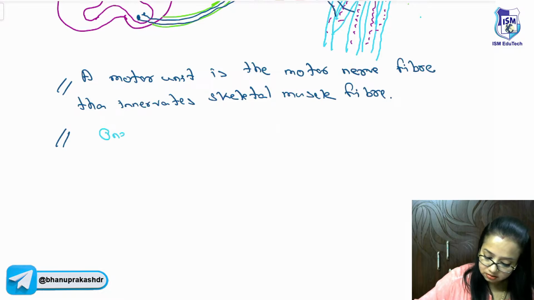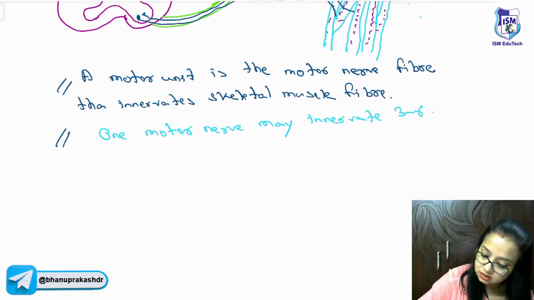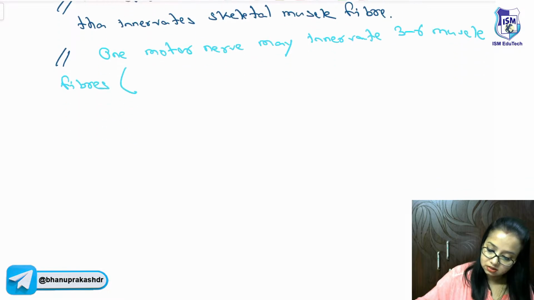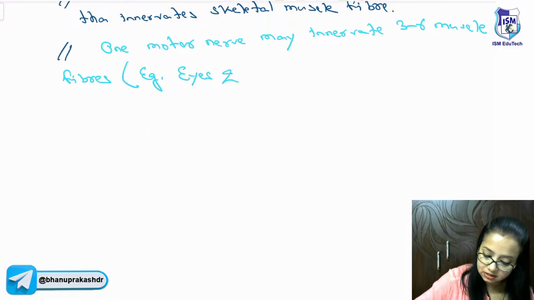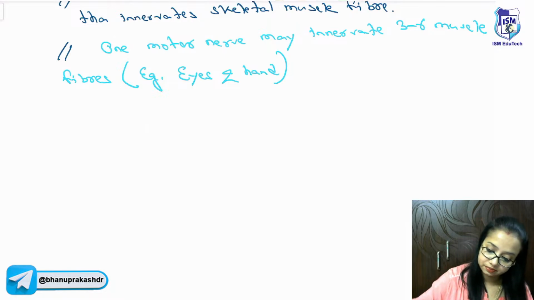Now, one motor nerve may innervate 3 to 6 muscle fibers. Okay. Example, eyes and hand, like ocular muscle and the muscle of the hand.